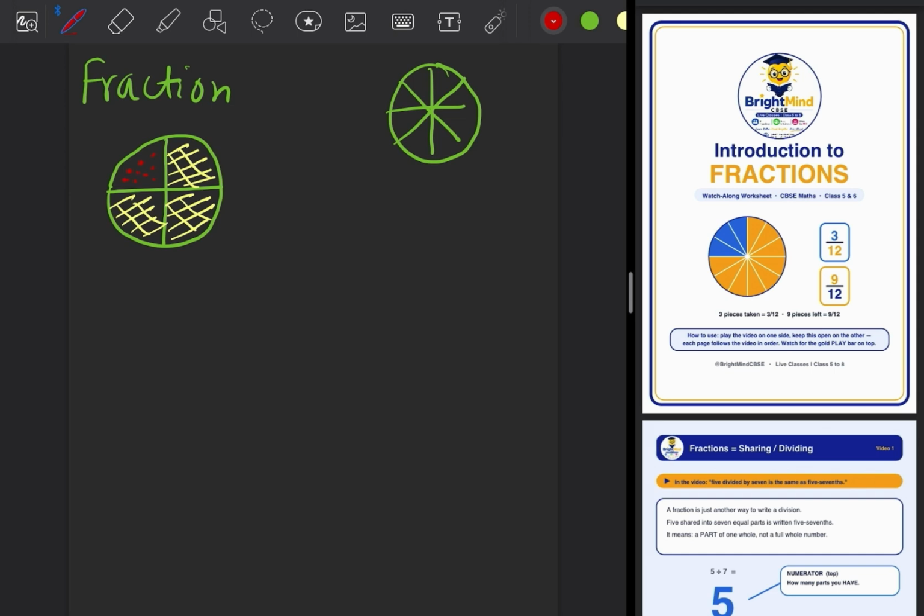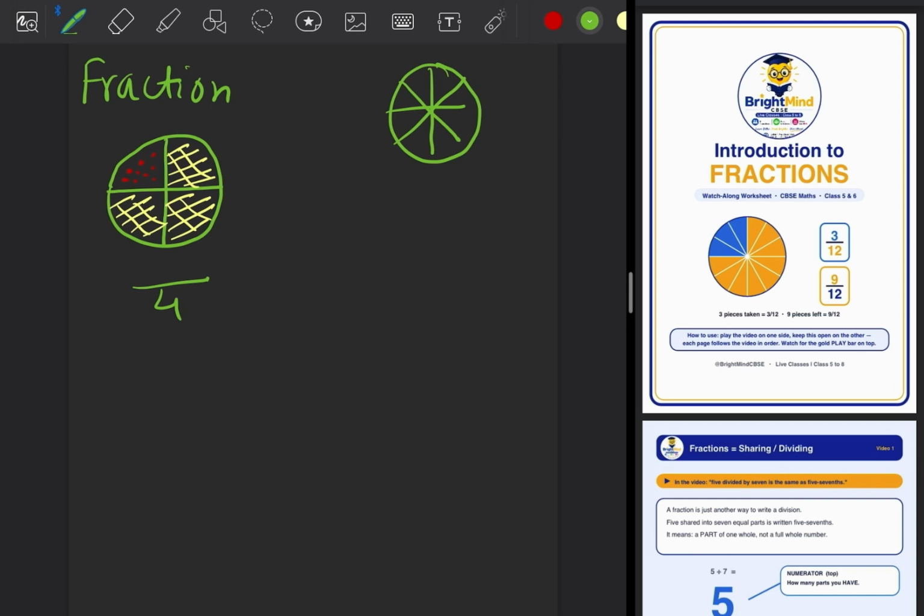So we can ask ourselves, what fraction of this pizza has olives on it? Well, we have a total of 4 slices. They are all equal slices. We have 4 equal sections here, and one of those equal sections has olives.